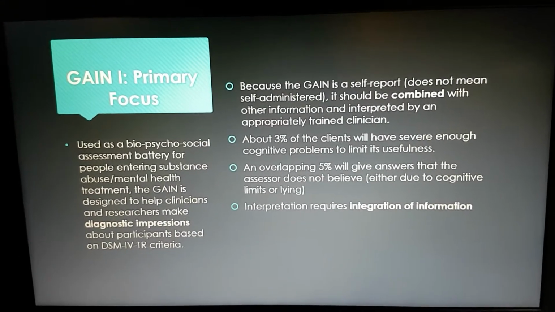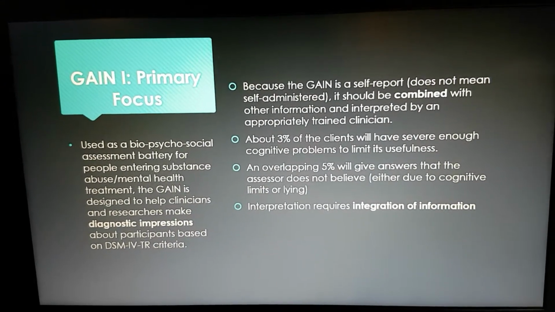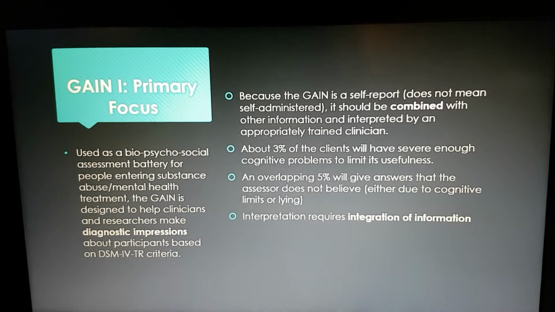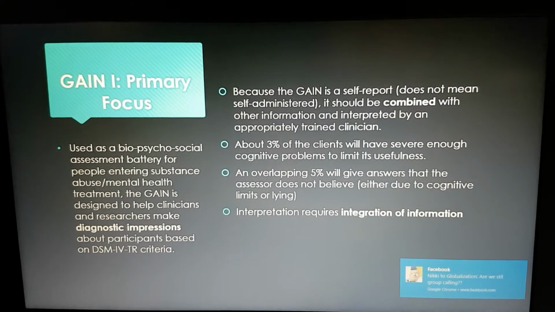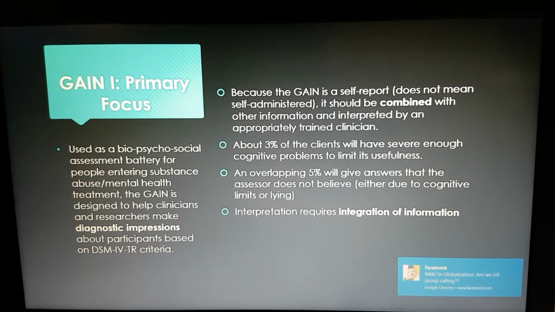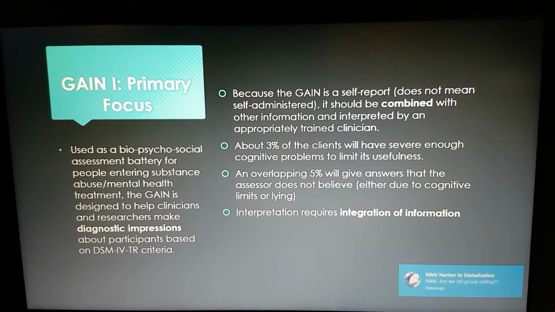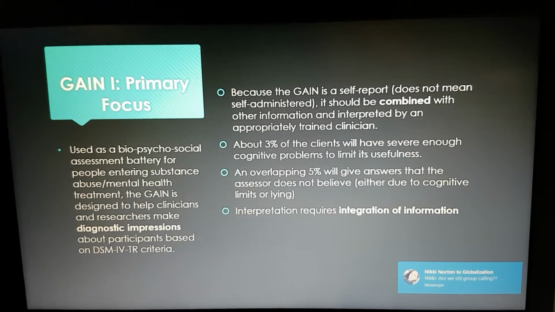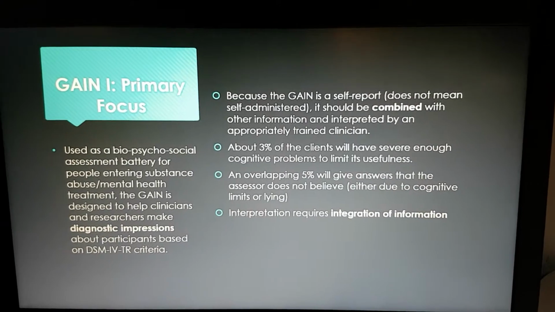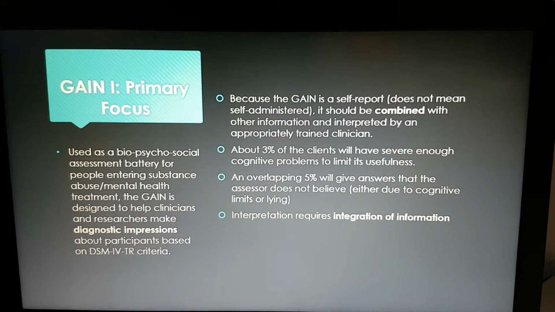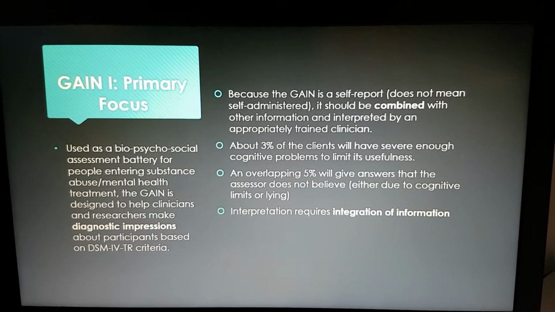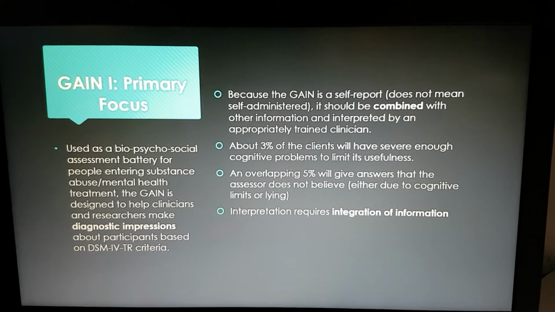So continuing on with the GAIN I, the 3 substance use related diagnoses. These are the way that these are broken down in the GAIN I for the eventual outcome. Problems is the first criteria. These are substance-induced disorders and other problems associated with substance dependence and abuse. And then the next level up would be abuse. These are symptoms suggesting that substance use activities are causing episodic problems and or role failures that are interfering with the participant's life.